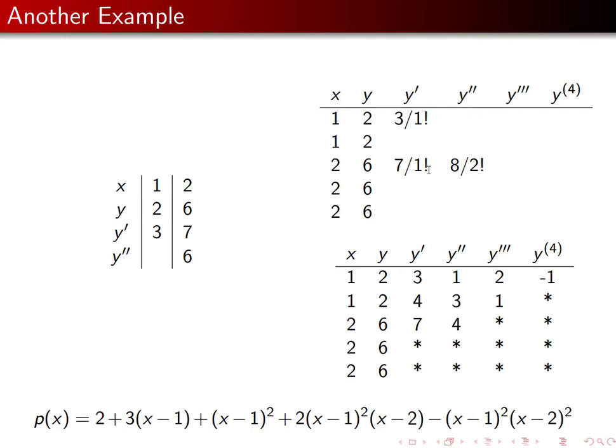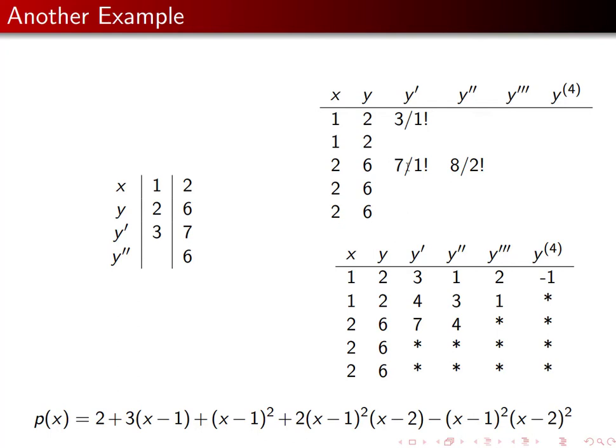Okay, now I put it in here, and notice I'm being a little bit more careful here, because we can't just put in the value of the y prime. We're putting in the value of the y prime divided by 1 factorial, which is 1. That's why it didn't show up in the first one.